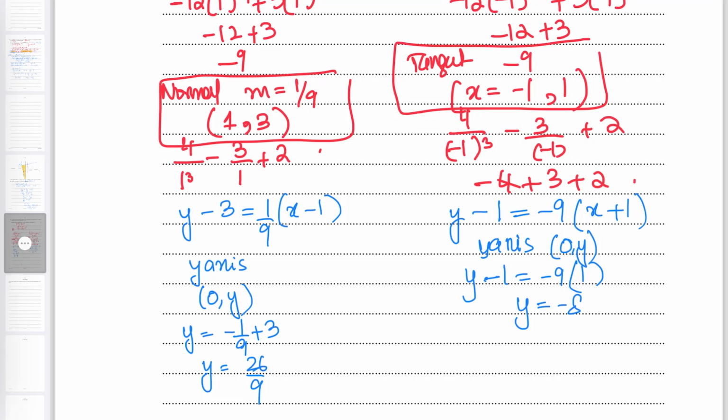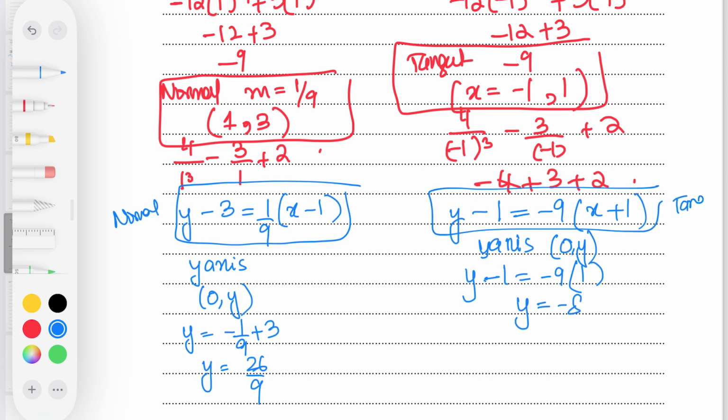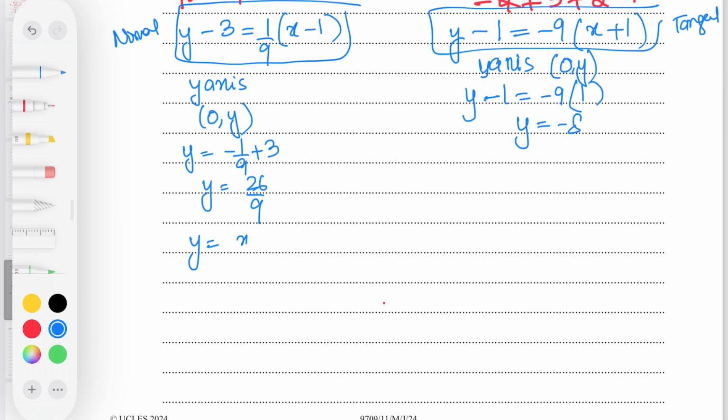Alright, now that we have the equation of the normal and the equation of the tangent, this is my normal equation and this is my equation of the tangent, we have to find out where the two meet. So for the meeting point, we solve them simultaneously. Y equals 2x minus 1 upon 9 plus 3. Y equals minus 9x minus 9 plus 1.